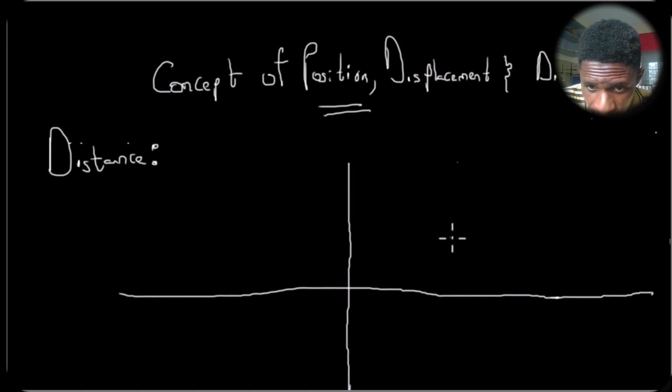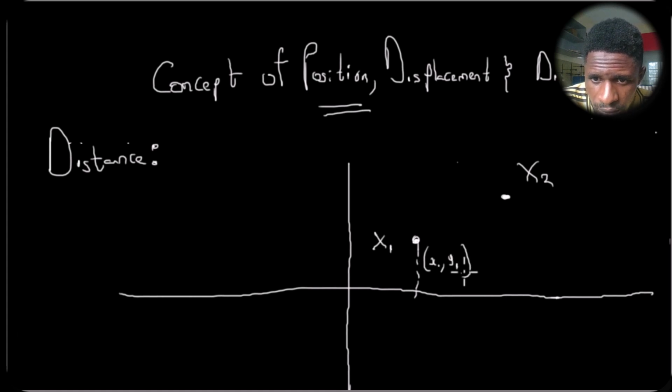So again, let's take a point here. Let me call it x1. Let's take a point here. So let's call this x2. Now x1 will have an ordered pair of x1, y1. x2 again will have an ordered pair of x2, y2.